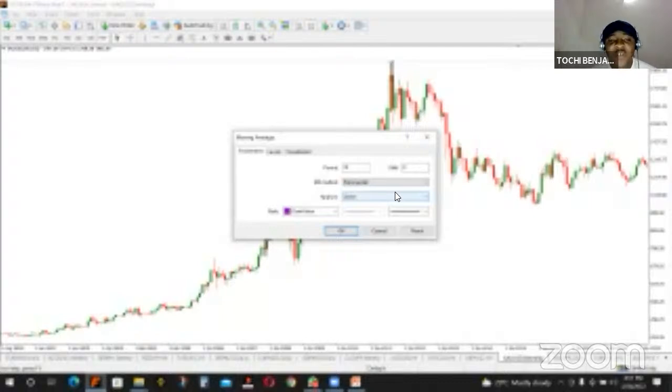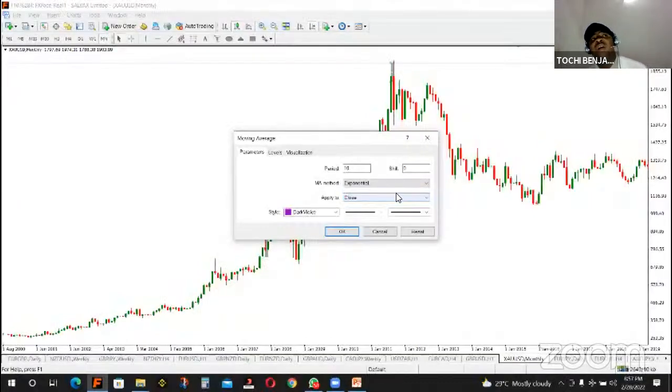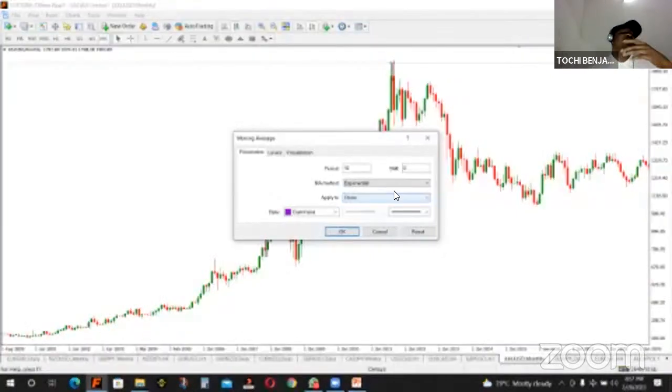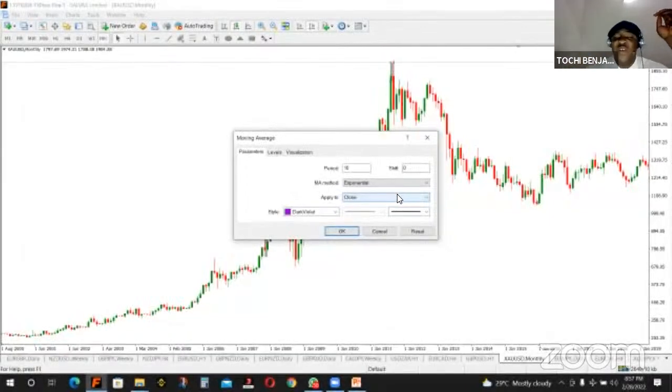That is why most times when you listen to financial channels, the likes of Bloomberg, CNBC, Al Jazeera, Euronews, they will not tell you moving average of 10 and 20.